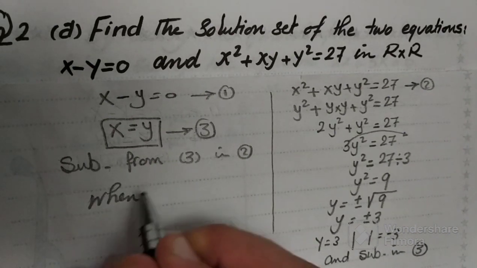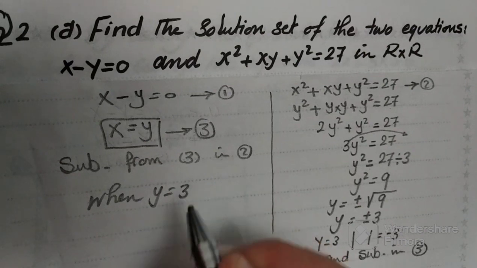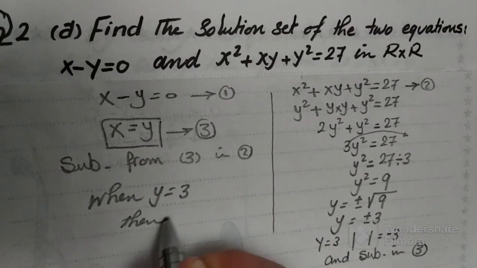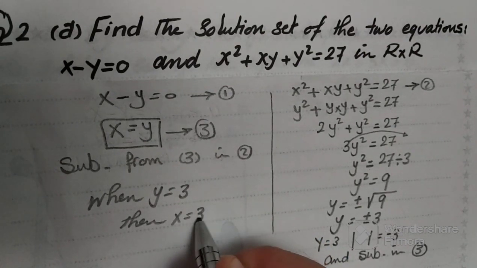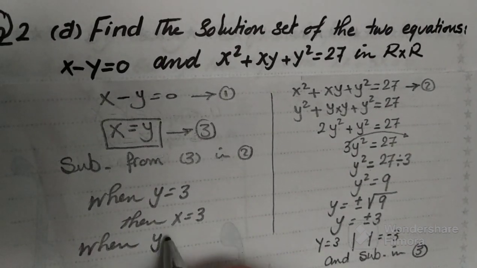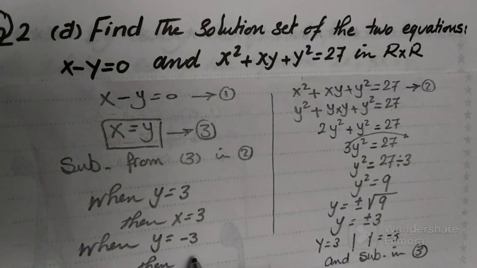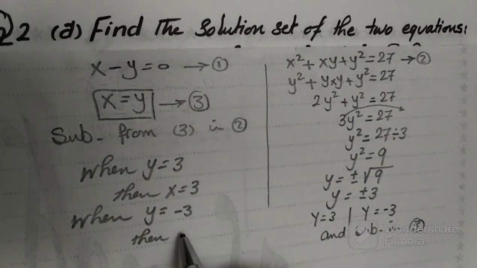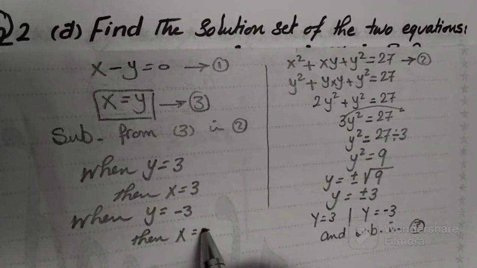When y equals 3, then x equals 3. When y equals negative 3, then x equals negative 3.